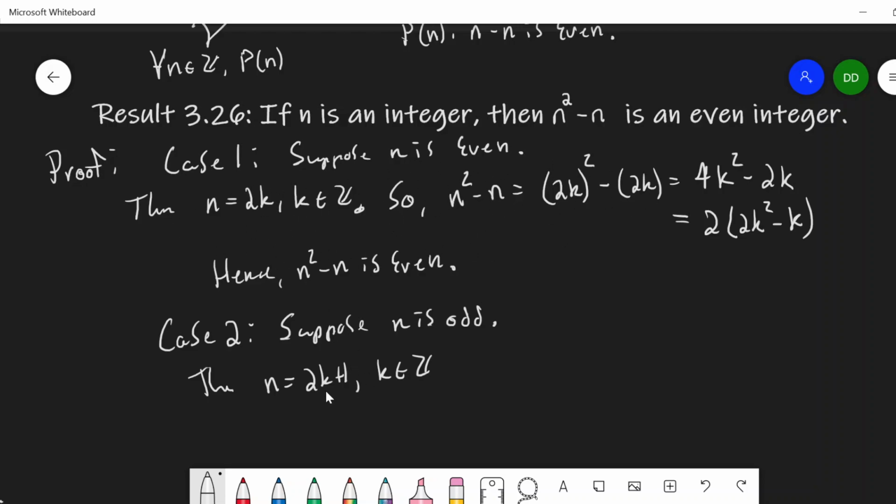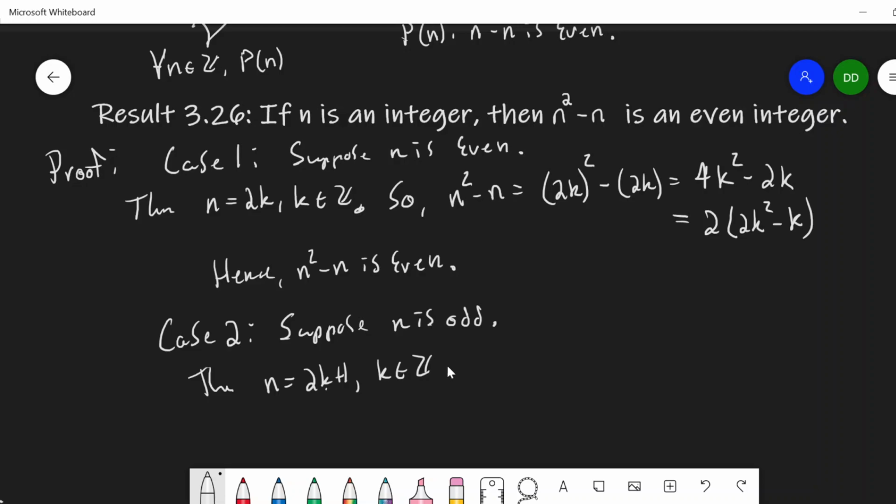It's not the same k from this case. We're not assuming that, because now we're in a totally different case. We refresh all of our variables except for n, because that's what's defining our cases. So this is okay to do.